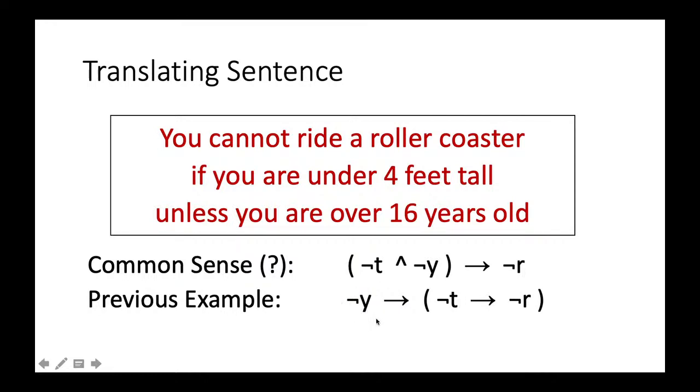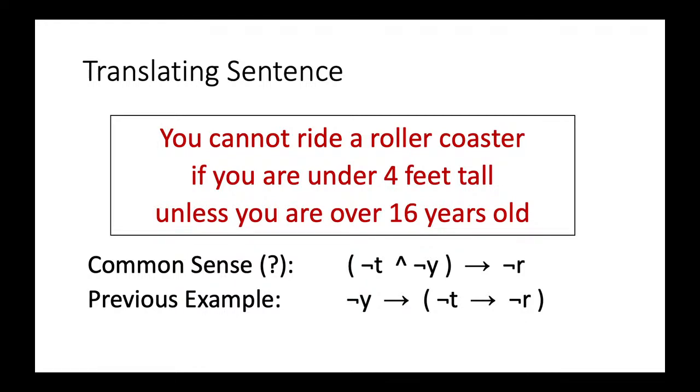So if it is not the case here, then we should have the first part. And what is the first part? The first part is easy. It is something if something. So it is if the first part and then the second part. The first part means not tall enough implies not riding a roller coaster. Is that okay?